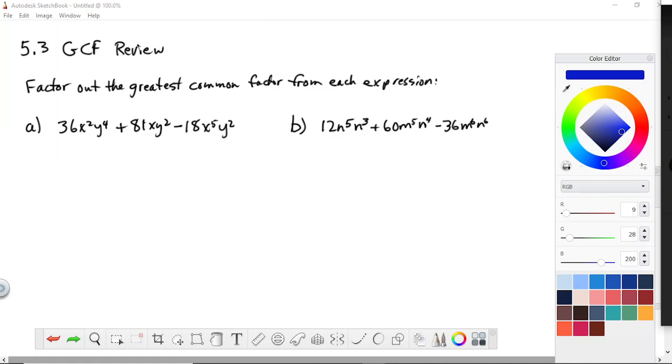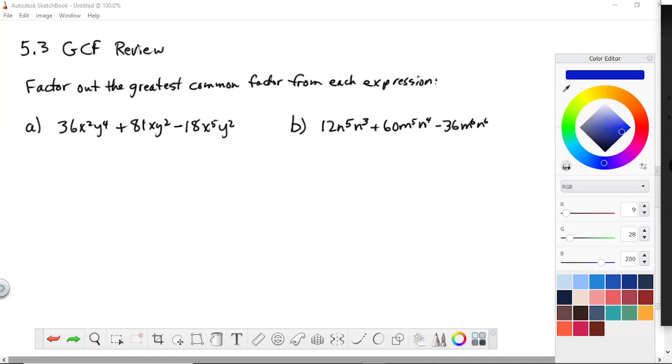So since that doesn't work, we just start looking at other factors of 18. Specifically, we can just look at the factors of that smallest number, 18, and just try them. And we might as well start at the largest factor. 9 times 2 is 18, so 9 is the largest factor other than 18 itself.